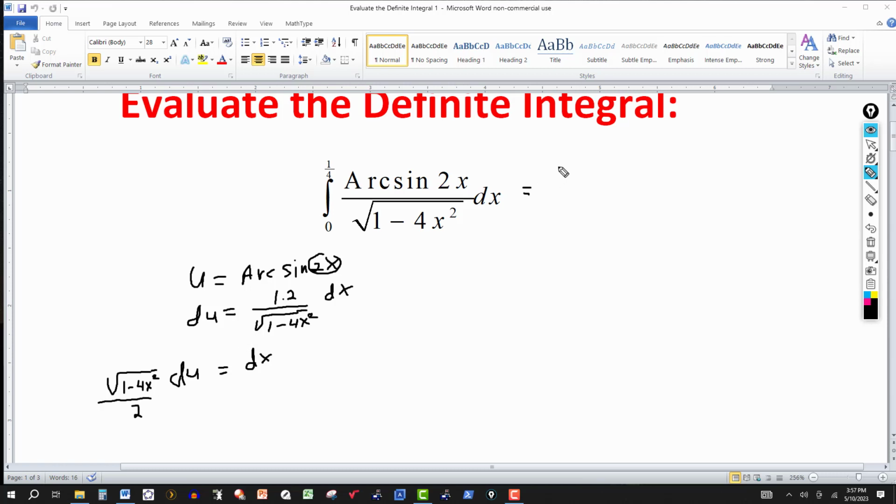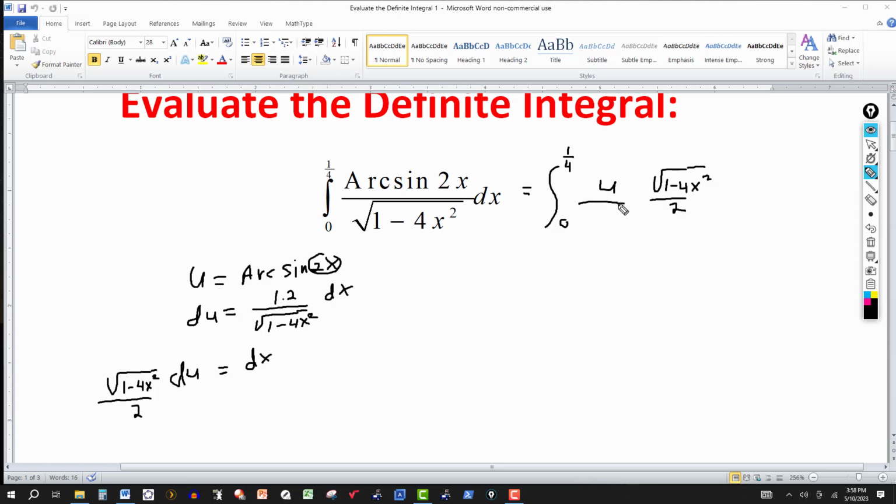Now we just want to transform this integral into the variable u. So obviously the numerator will be u. U is arc sine of 2x, so this is u up here. And dx is replaced by the square root of 1 minus 4x squared over 2.